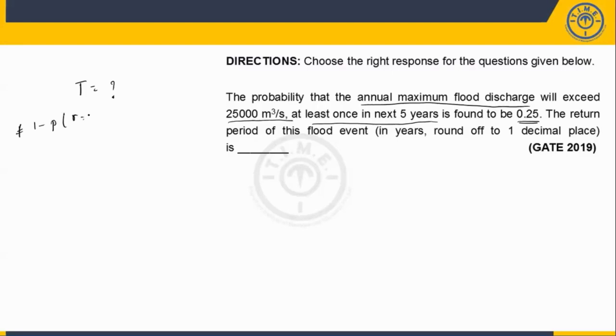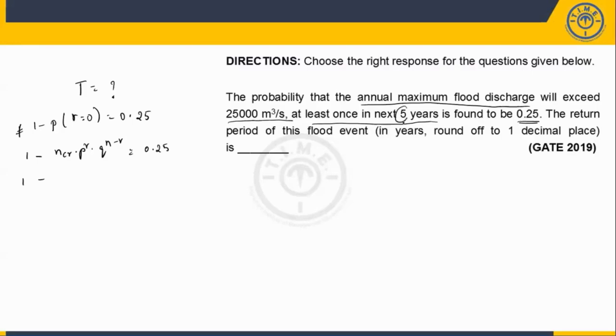That is 0.25. Now, 1 minus probability of non-occurrence means P of R comma N is nCr, p power r, q power n minus r, equal to 0.25.